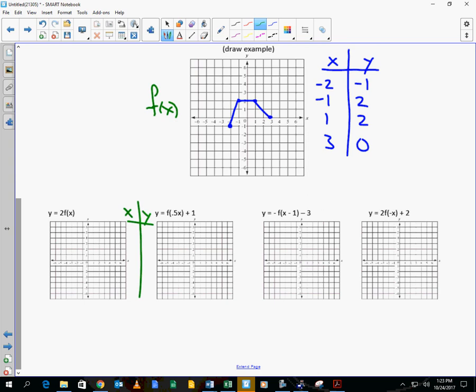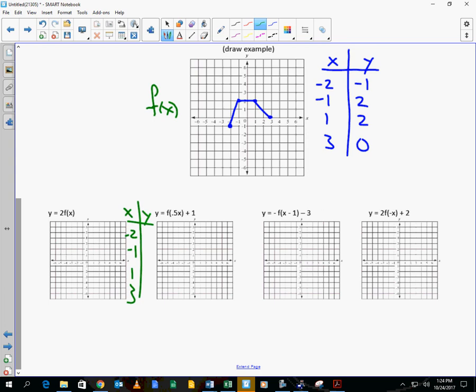If it changes it vertically, that affects the y values, correct? So here's the deal. The new coordinates for this shape, the x values stay the same: -2, -1, 1, and 3. But the y values will change because this is saying 2 times the output, 2 times the function value, okay?